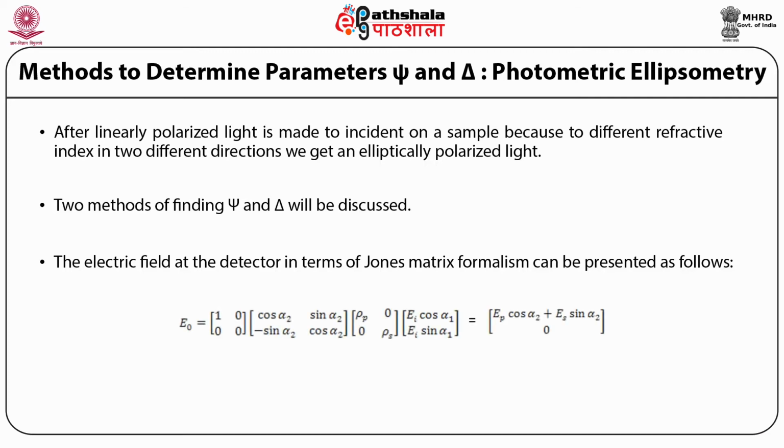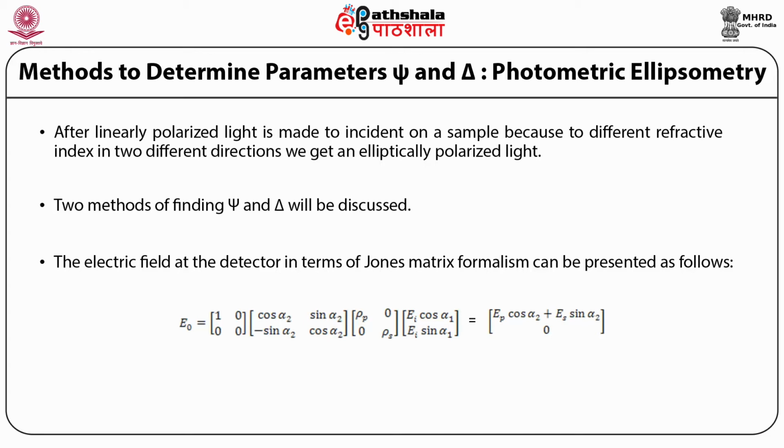E naught is equal to a 2 cross 2 matrix with the first row being 1 0 and second row being 0 0, multiplied by another 2 cross 2 matrix where the first row being cos alpha 2, sin alpha 2, second row being minus sin alpha 2, cos alpha 2, multiplied by 2 cross 2 matrix where the first row being rho p and 0 and second row being 0 and rho s, multiplied by a 2 cross 1 matrix with the first row being EI cos alpha 1 and second row being EI sin alpha 1.